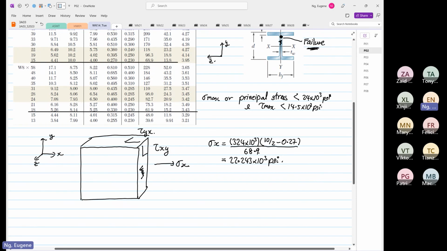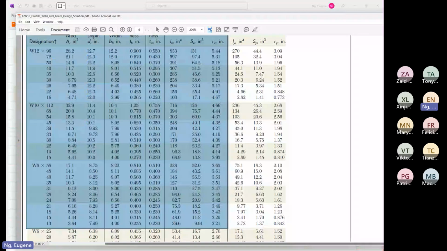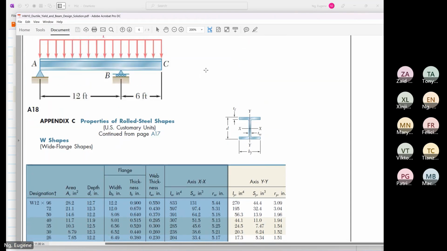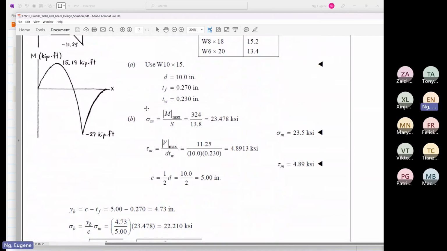If you look at the solution manual, they just use the formula like this, which is wrong, because they did not calculate based on failure. Remember what I taught you in lecture? You have to calculate based on failure, based on where failure is.